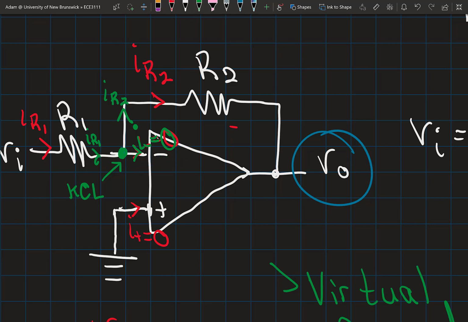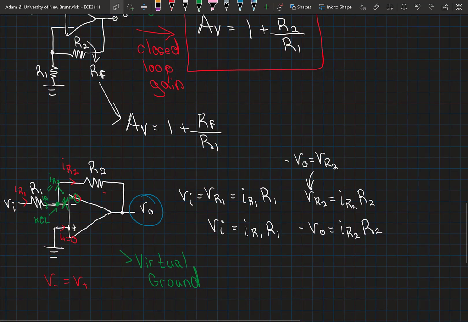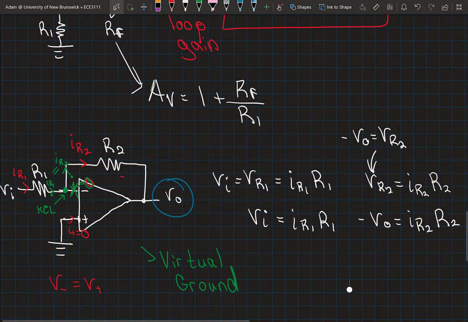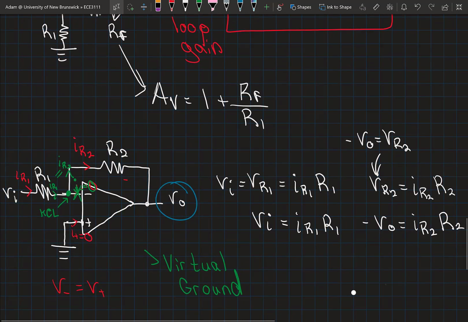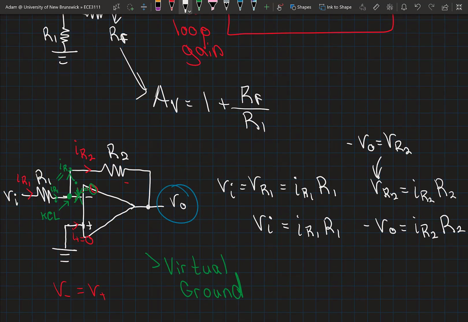That means IR1 must be equal to IR2, because there's no other path for that current to flow, since it won't flow into the input. So let me give that current a generic name, I.